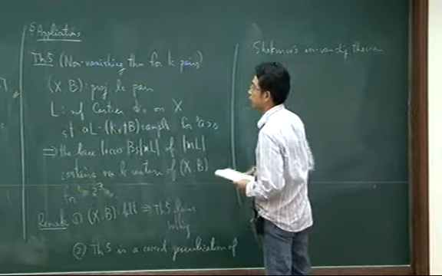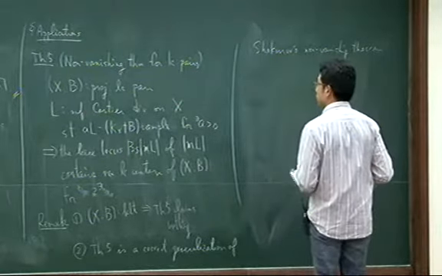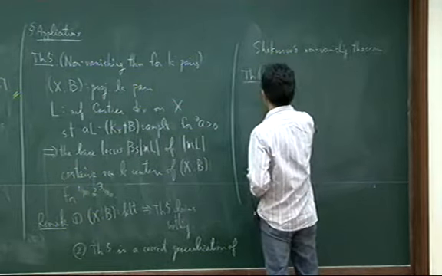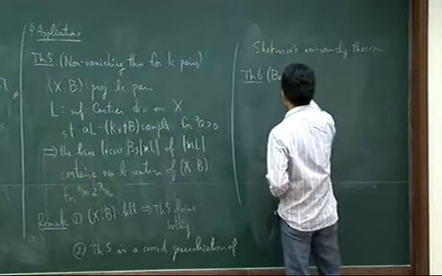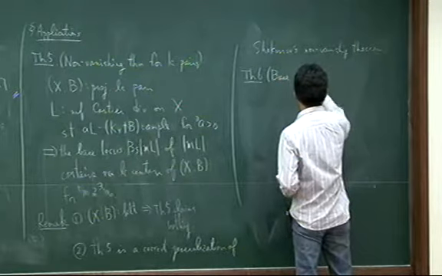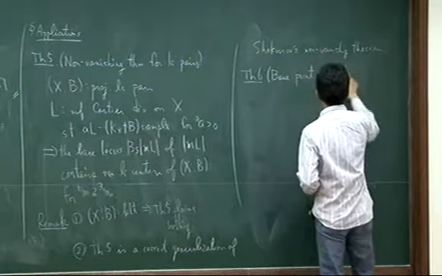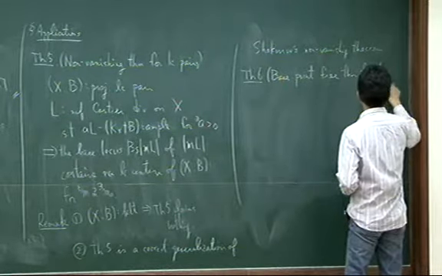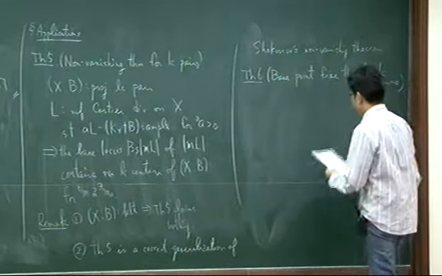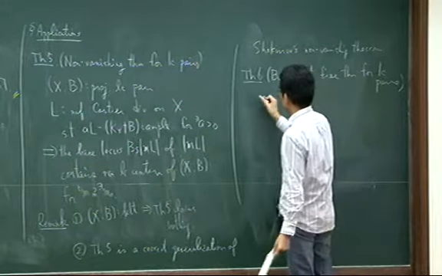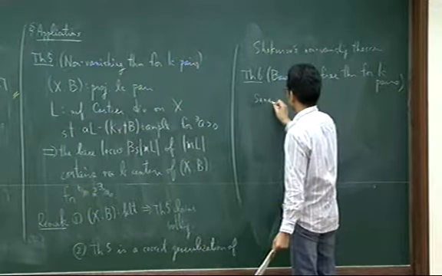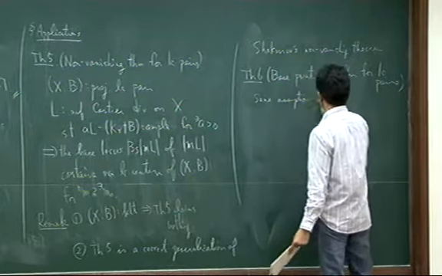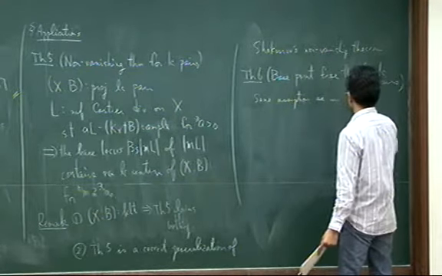Once we obtain theorem 5, non-vanishing theorem, then the next theorem is almost obvious. Base point free theorem. Theorem for log canonical pairs. Same assumption as in theorem 5.